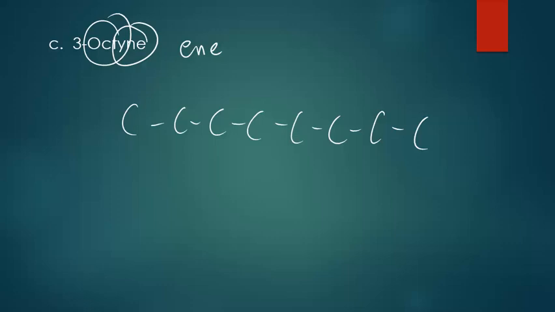Single, double, or triple? Single? That would be ane. One left. Yes! Good job. Where is the triple bond located? After the first, second, third, fourth, fifth, sixth, seventh, or eighth?